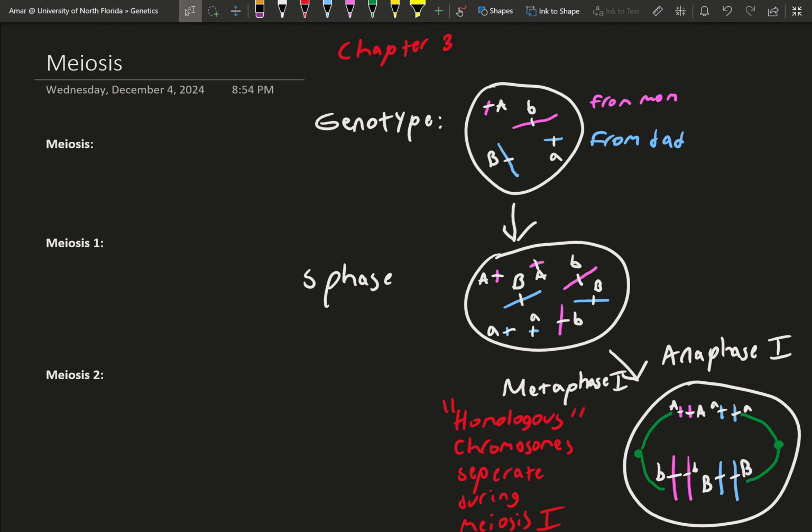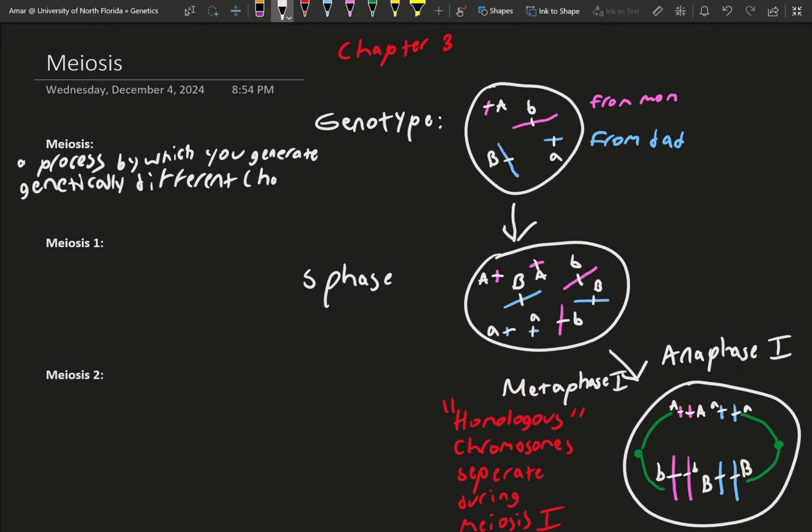I'm pretty sure most of y'all are familiar with meiosis, but this is a process by which you generate genetically different, and these will be haploid, gametes, most of the time.